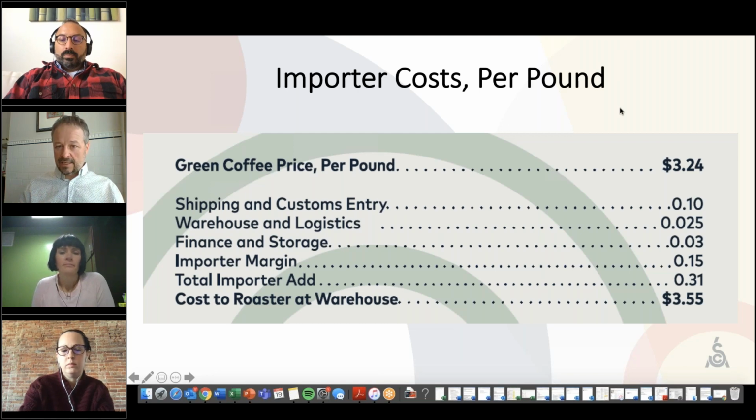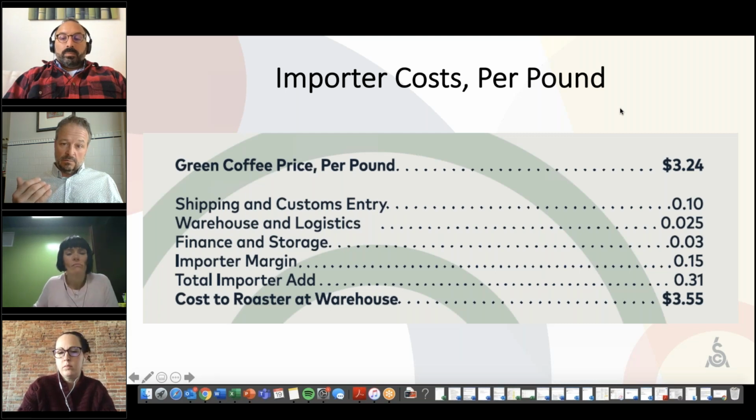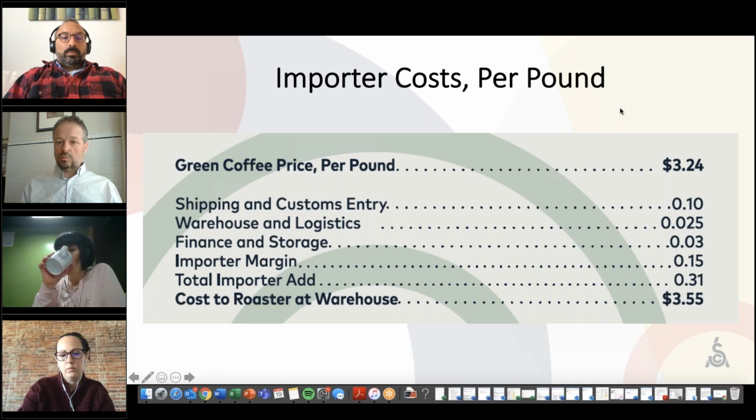Everything has its time, and that's a very efficient way to purchase coffee. The simple rule with buying coffee, whether you're an importer selling it to someone else or roasters roasting it and selling it to customers, is do more of what works. If you focus on the healthy relationships where you feel you're getting great service and there's a value to what these people do for you, then the costs that they charge you are potentially discussed.